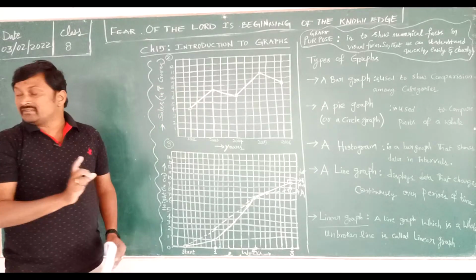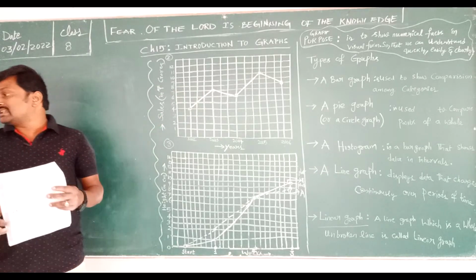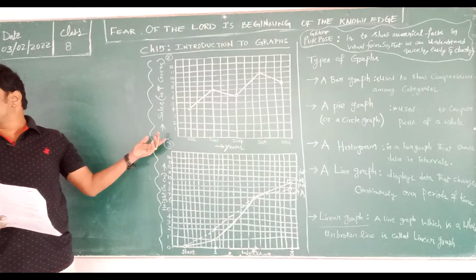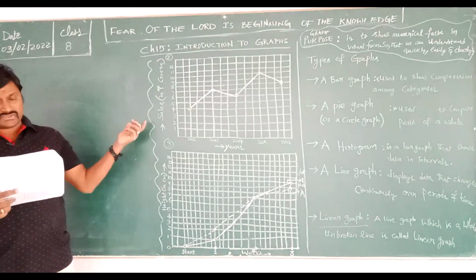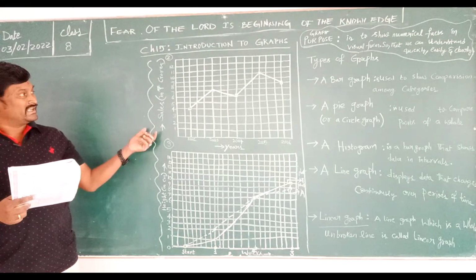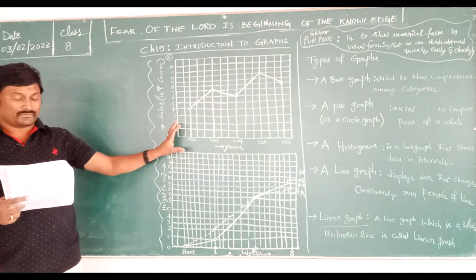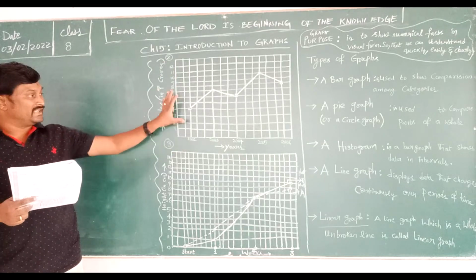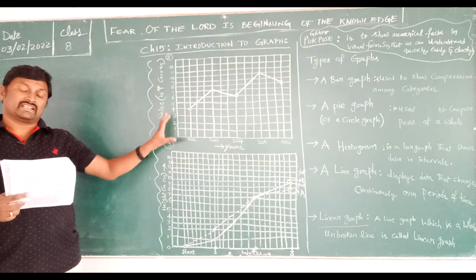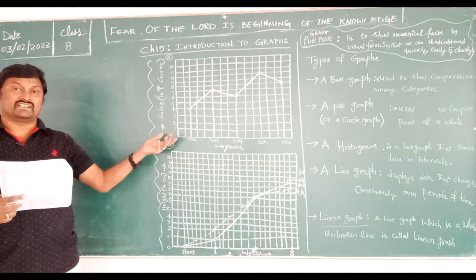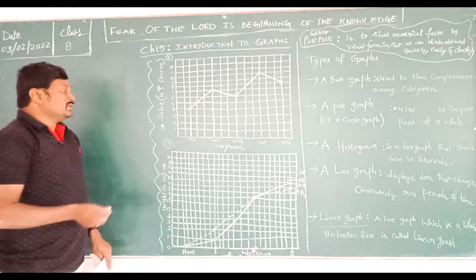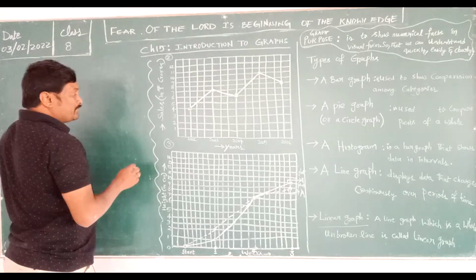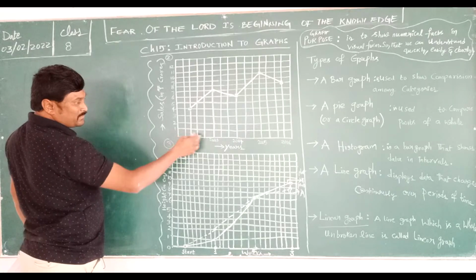So what do you need to do now? In this line graph, they have given some questions, and you have to answer them using this graph. Simple. First thing, whenever anything like this is given, you can check the middle parts.